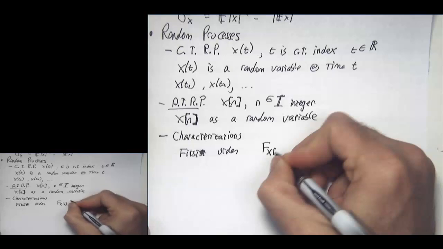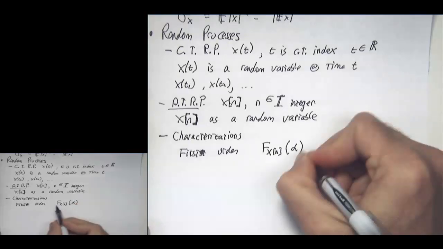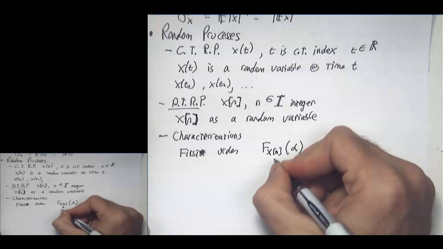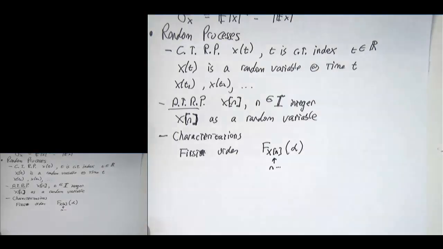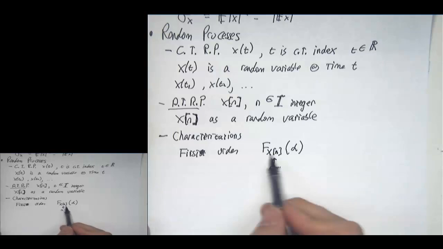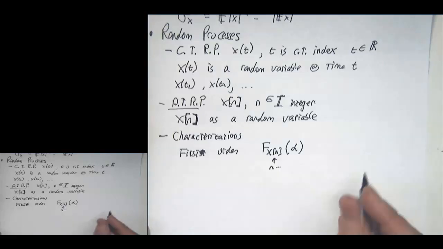So look what I've done here. I've written this f x as a function of n here. Not a mistake. So if you know the cumulative distribution function of x of n for every possible value of n, then you say you have a first order characterization of that random process.